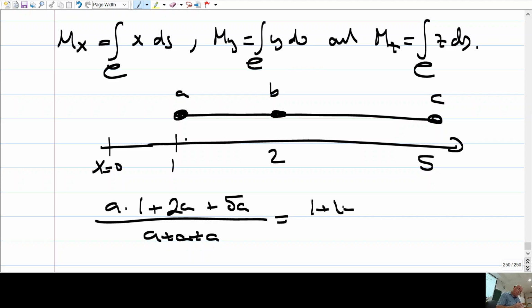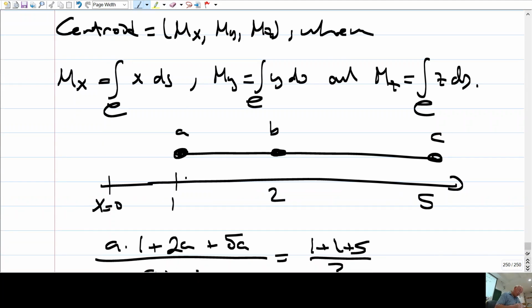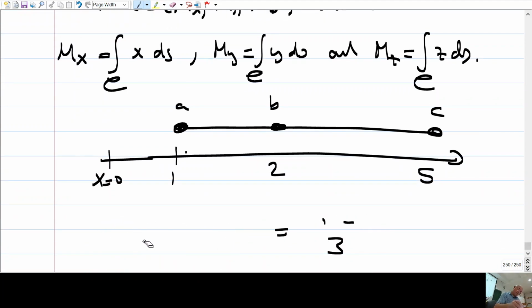So 1, 2, 5 divided by the length. All right. So center of mass will be then just these quantities divided by the length of the object. Okay, so let's see.